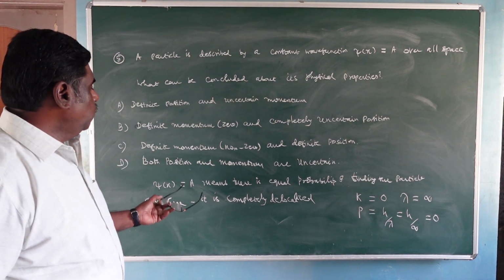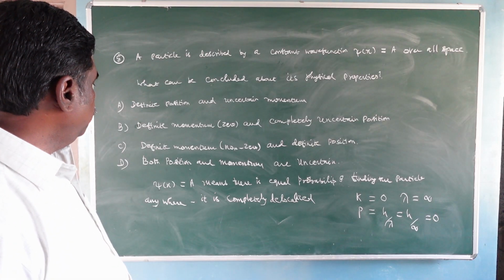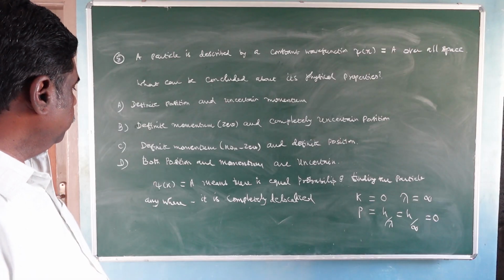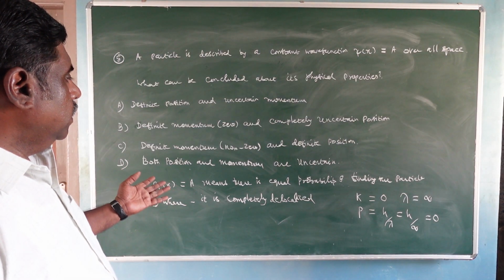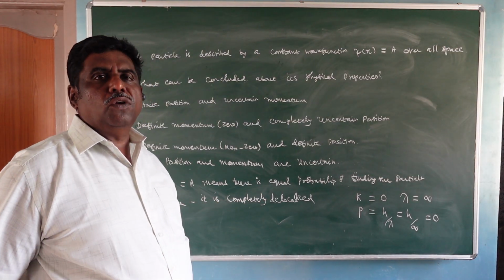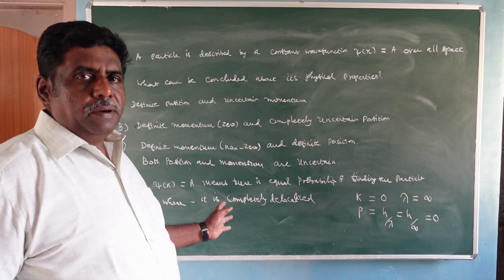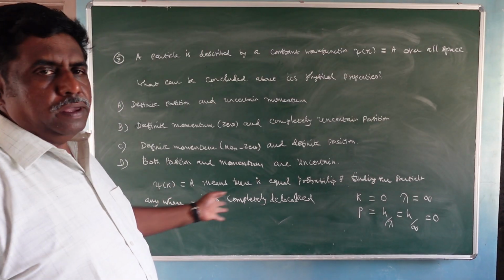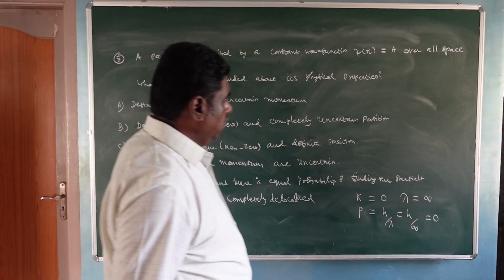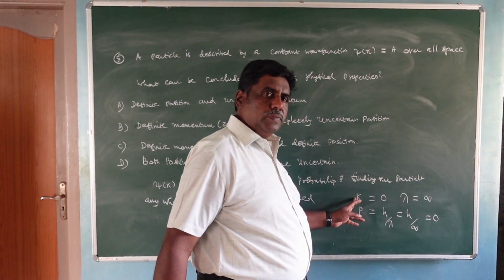Suppose the wave function is constant, psi of x equal to A, which represents a plane wave. Therefore, the probability of finding the particle anywhere, it is completely delocalized. The particle has the probability to occupy any space. At that moment, the wave number value k equal to 0.